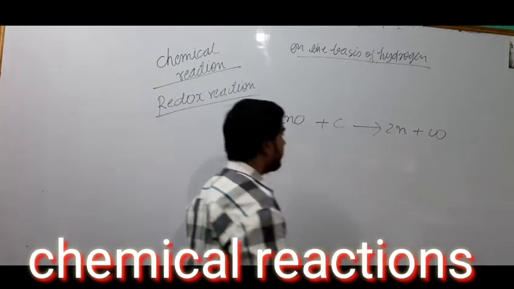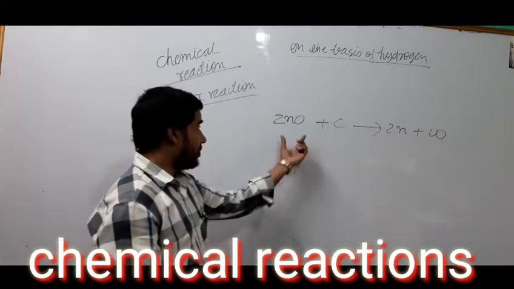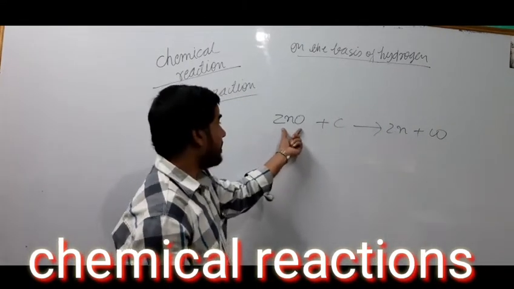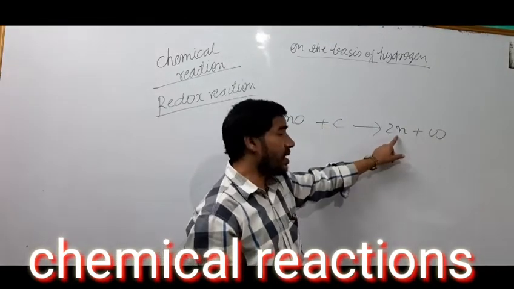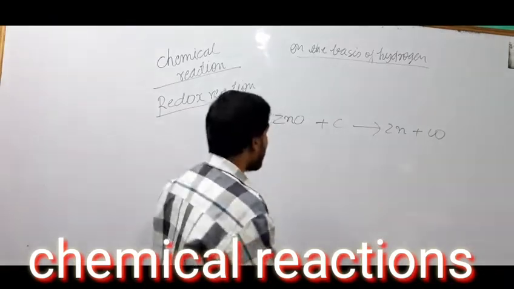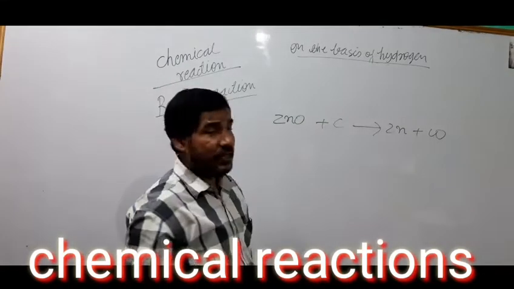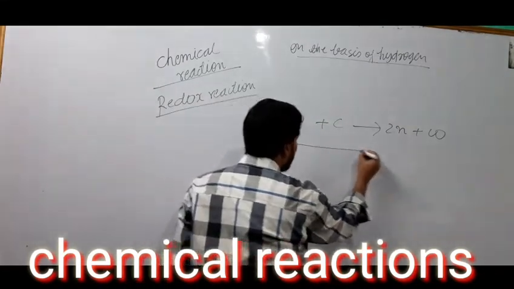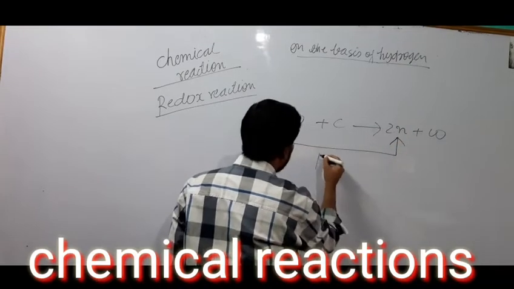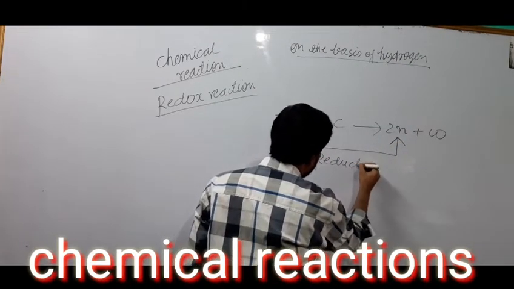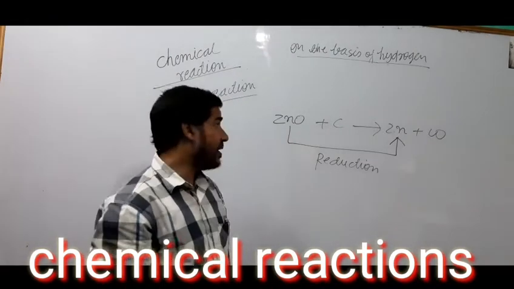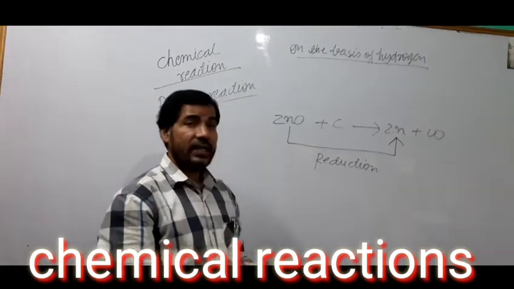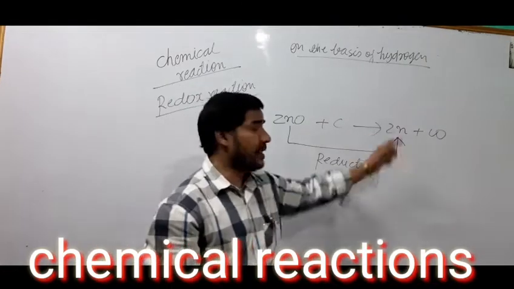carbon monoxide. Here you are seeing towards the reactant side, zinc and oxygen both are present simultaneously, but towards the product side, zinc is alone. It tells us that a removal of oxygen takes place here, and you know a removal of oxygen is called a reduction. So a reduction of zinc oxide takes place here, and we can write that zinc oxide gets reduced into zinc.